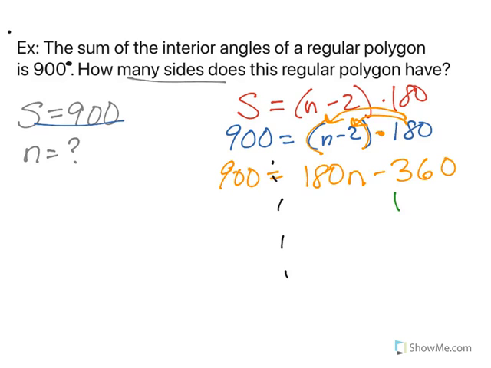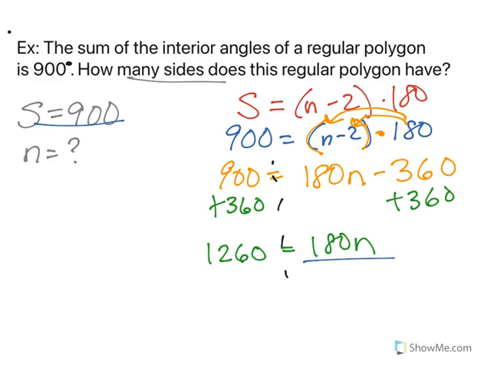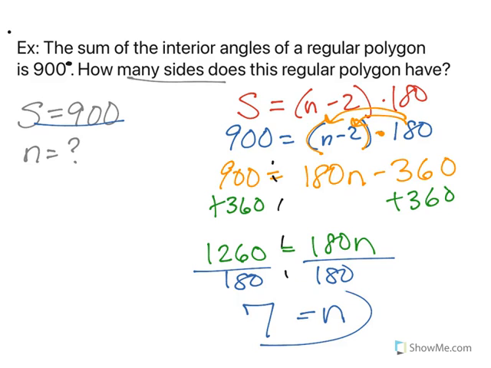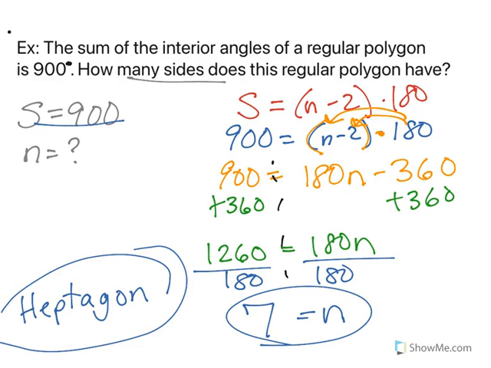I'm going to add 360 to both sides, which gives me 1260 equals 180n. Then I divide both sides by 180, so n equals 7. That means we have a 7-sided polygon, which is a heptagon. So we've identified the polygon based on the fact that the sum of the interior angles is 900 degrees.